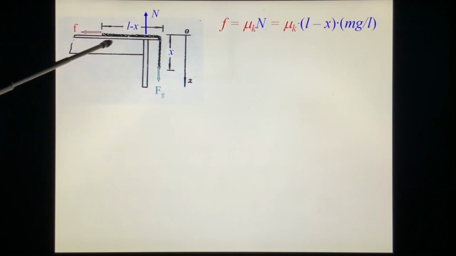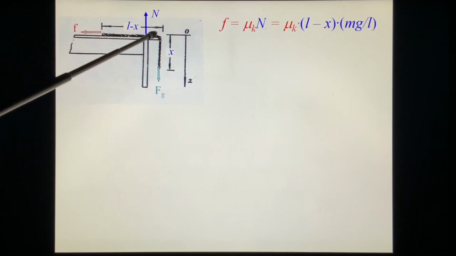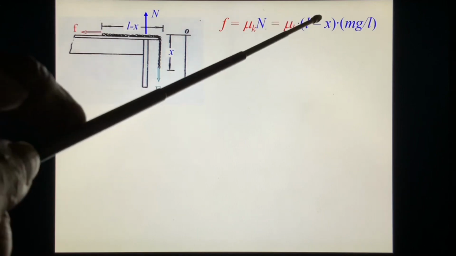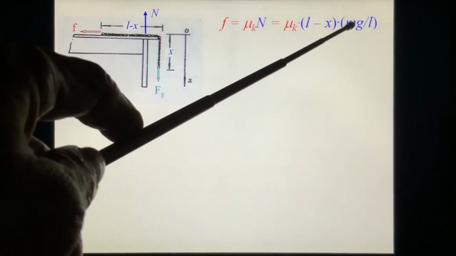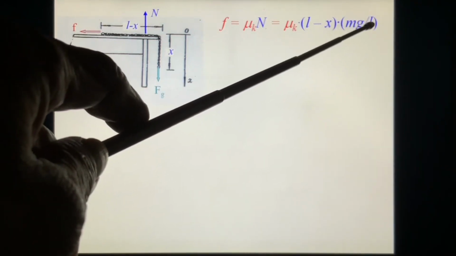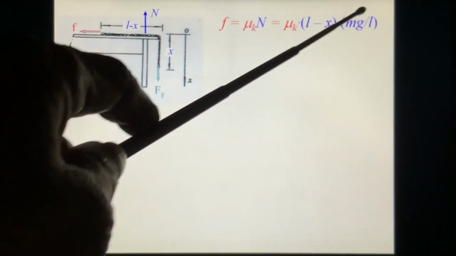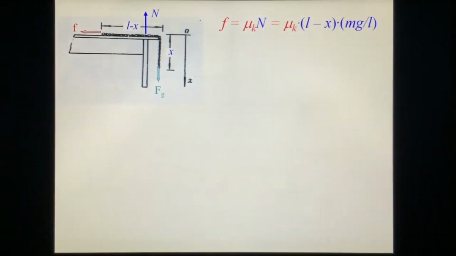In this case, the normal force equals the weight of this chain on the table. The weight on the table is the length multiplied by its weight density, total weight divided by total length.